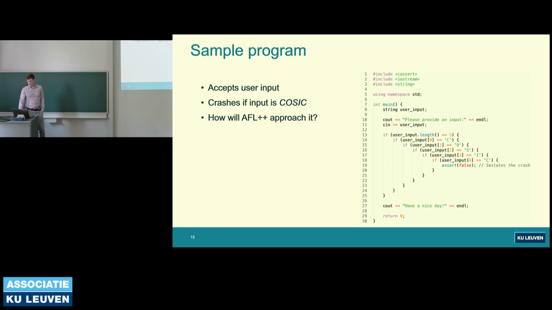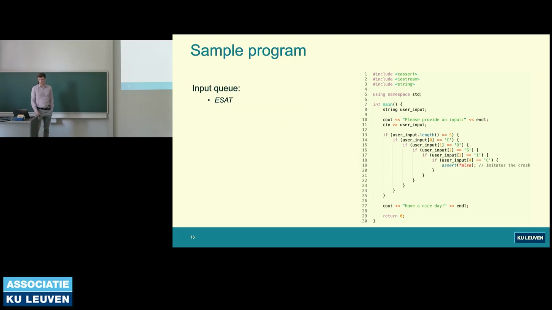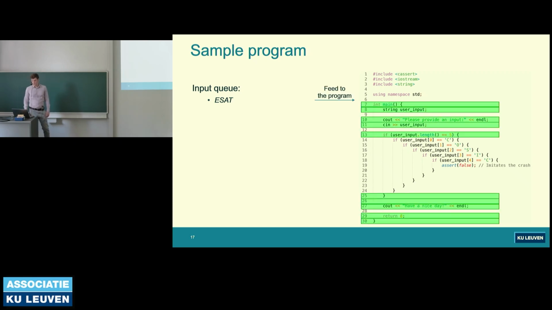The first thing that you have to do is provide AFL an input seed. Because it's a mutation-based fuzzer, it has to start from something, and that something should be provided by the user. In this case, I provided the string ESAT as an input to the fuzzer. Then the first thing the fuzzer does is execute the program using this input, and it gets a baseline of the code coverage.